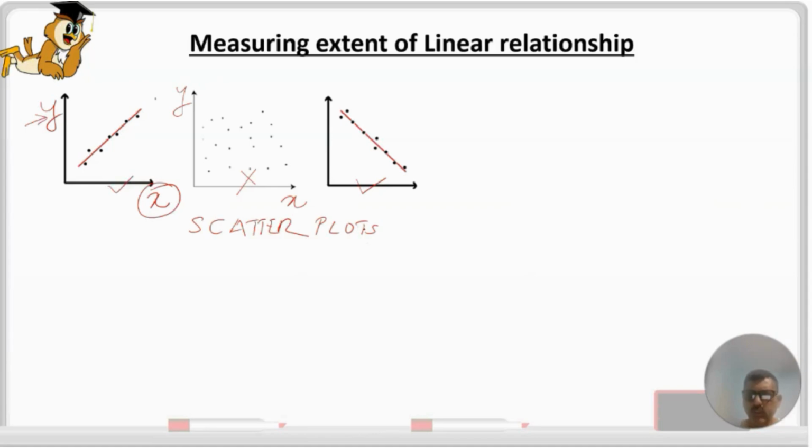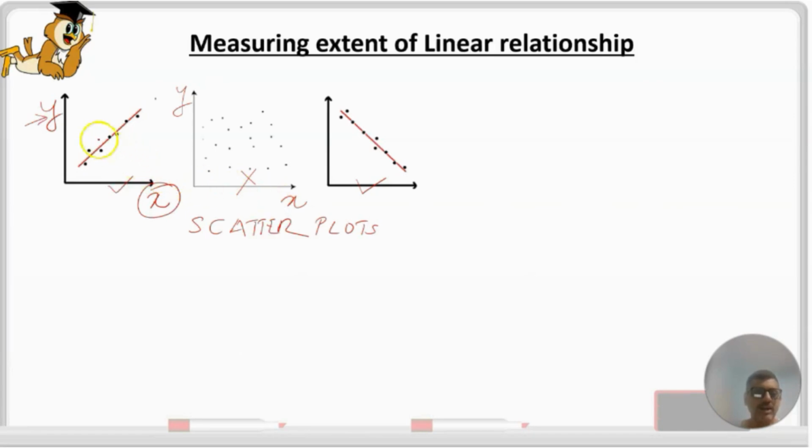So this visual inspection is a good thing, and you could make your decisions based on it. But what if you wanted to formalize this a little more and come up with a numerical measure of the extent of the linear relationship?